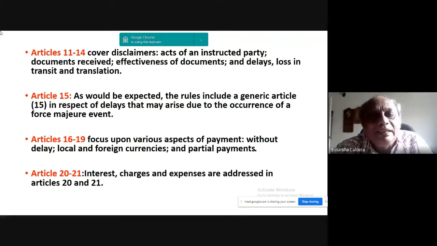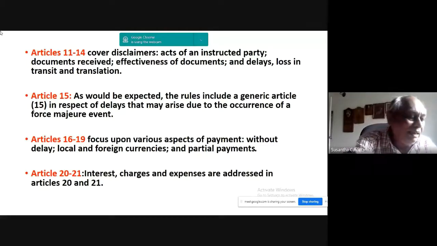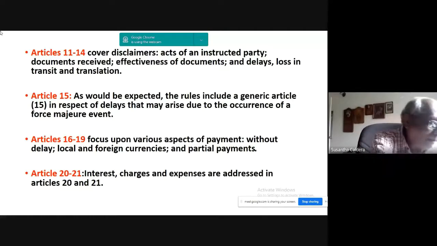Then Articles 11 to 14 cover the disclaimers: acts of an instructed party, documents received, effectiveness of documents, and delays, loss in transit and translation. Article 11, disclaimer for acts of an instructed party.